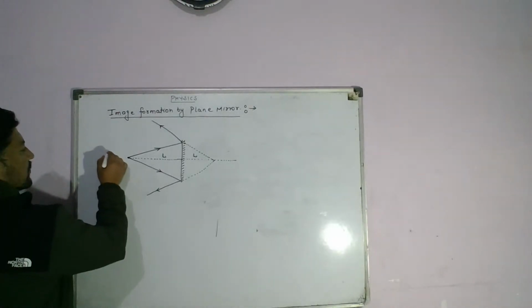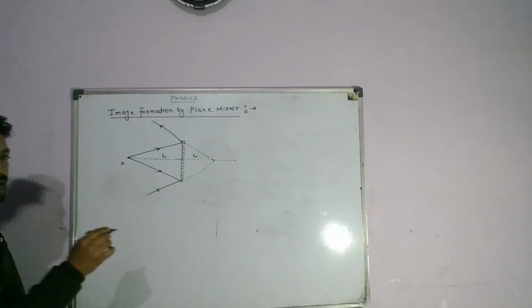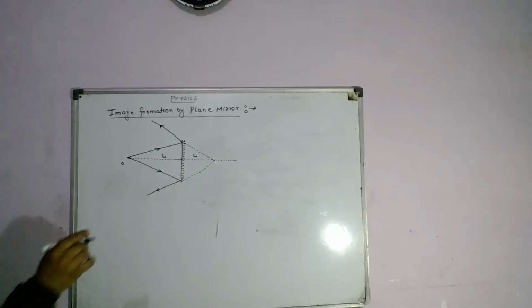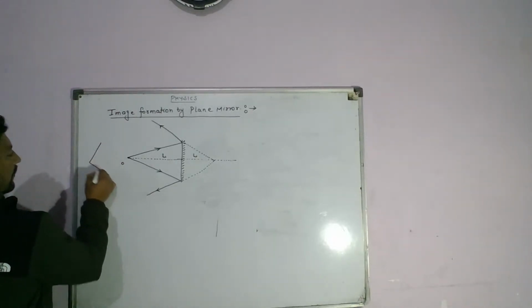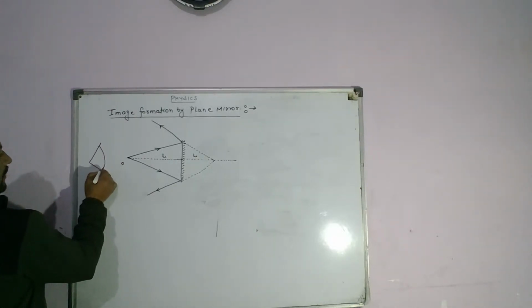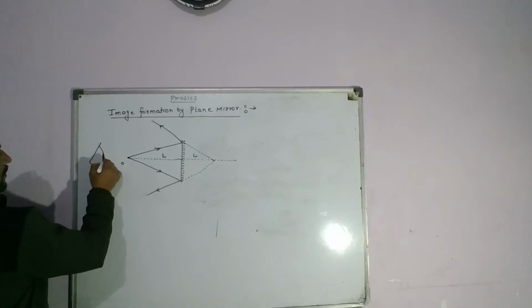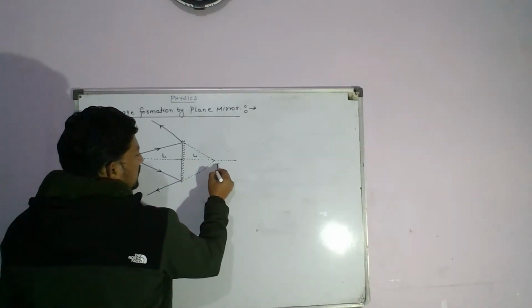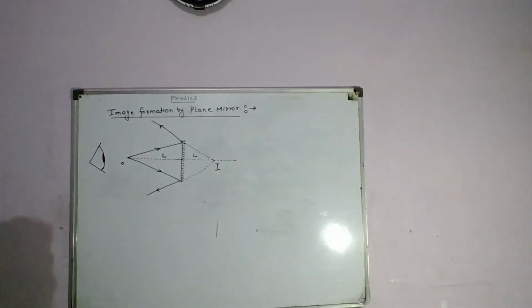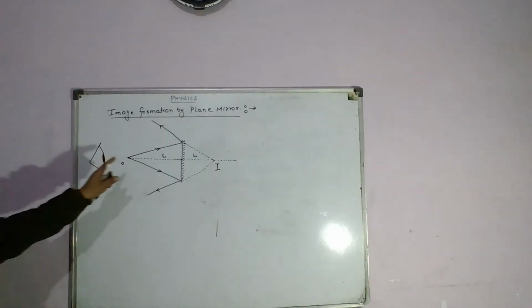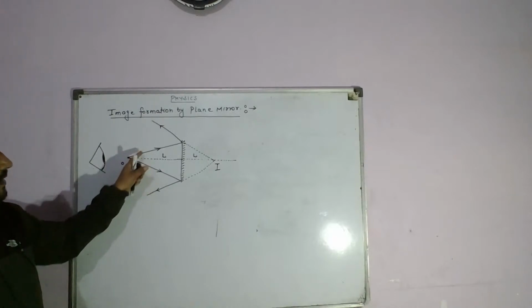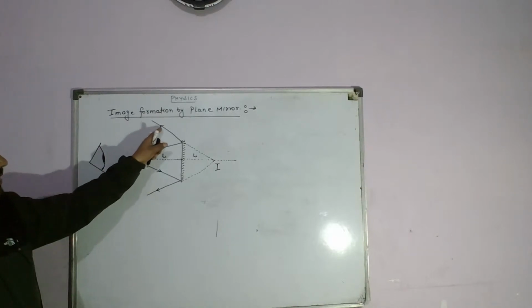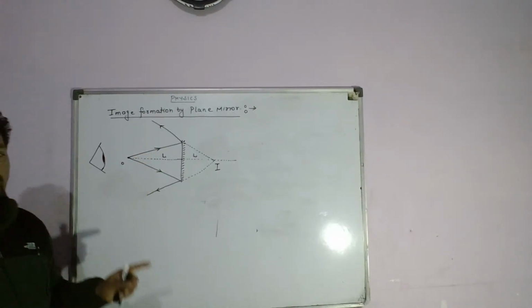Here is the object and you can see this object from this side. Here the image is formed. These two are incident rays and these two are reflected rays.